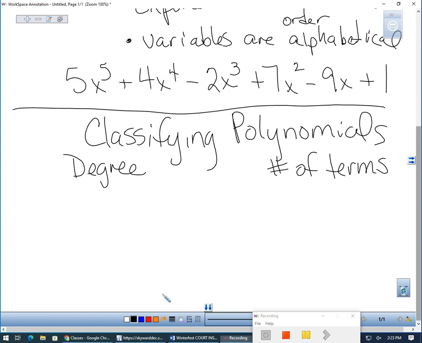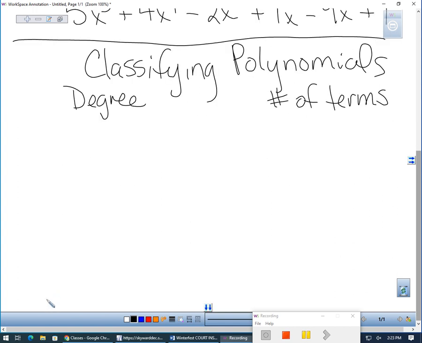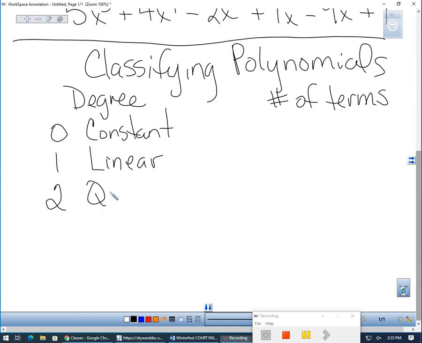So let's talk about some of those special words we have. If the degree of the polynomial, the highest degree of the polynomial, is 0, the word for that is constant. If the highest degree is 1, or x to the first power, we call that linear. If we have something to the second power, which was our previous chapter, that is called quadratic.